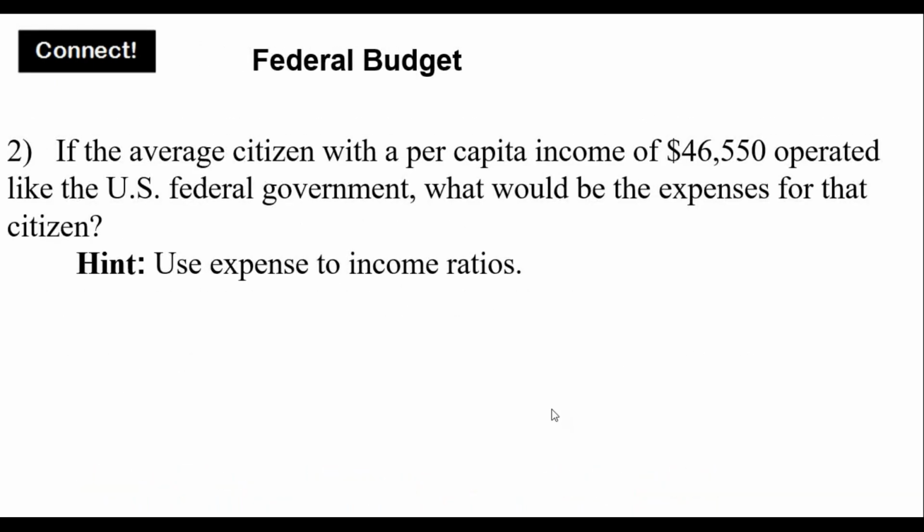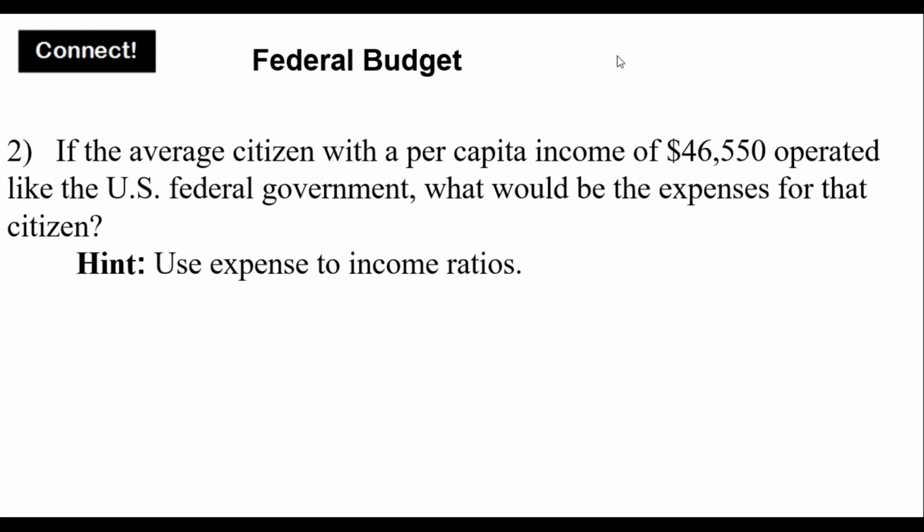Now, if the average citizen with a per capita income of this $46,000 number here acted like the U.S. federal government, what would be the expenses for that citizen? This is a what-if scenario: what if the normal citizen acted like the federal government?